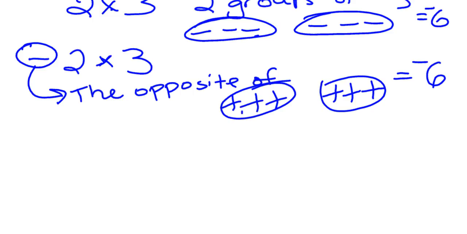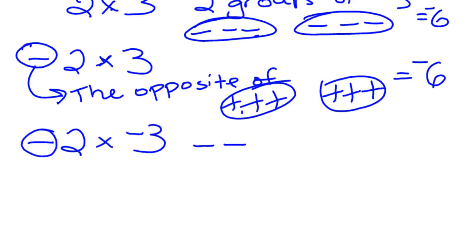Okay, then if I have -2 times -3, that says the opposite of two groups of -3.